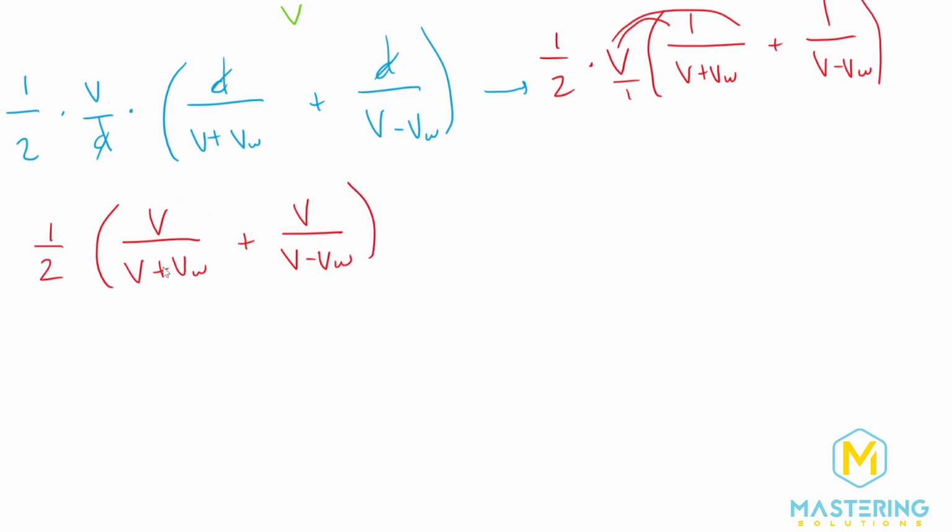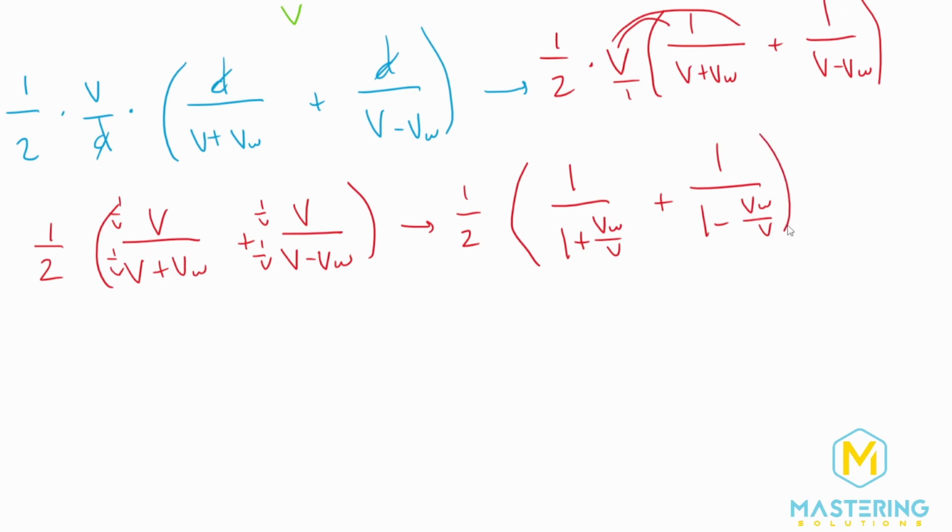Now this can be simplified further because if we multiply the top and the bottom of both of our fractions by 1 over v, that gives us 1/2 times 1 over 1 plus vw over v, plus 1 over 1 minus vw over v.